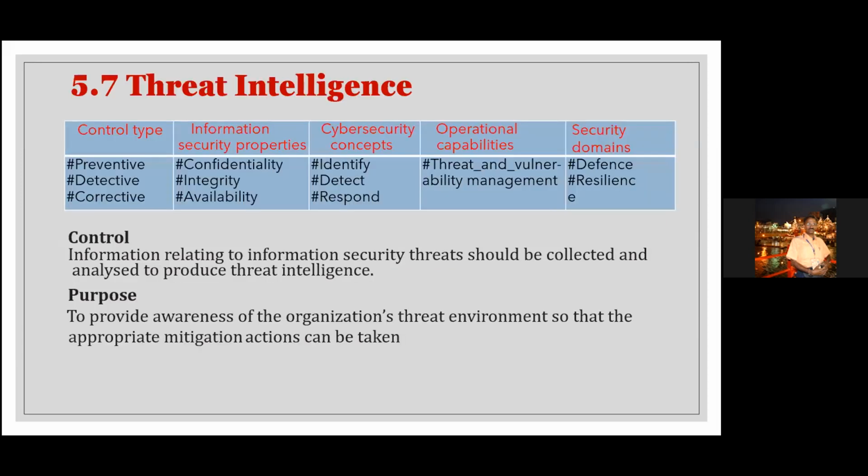The first is threat intelligence. The control definition is that information related to information security threats should be collected and analyzed to produce threat intelligence. The purpose is to provide awareness of the organization's threat environment so that the appropriate mitigation actions can be taken.